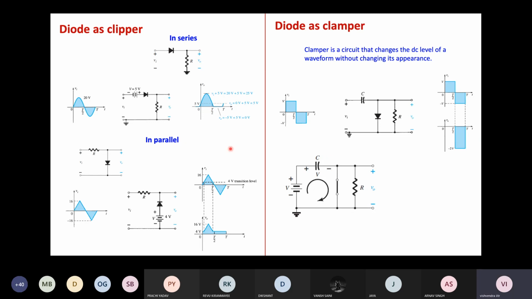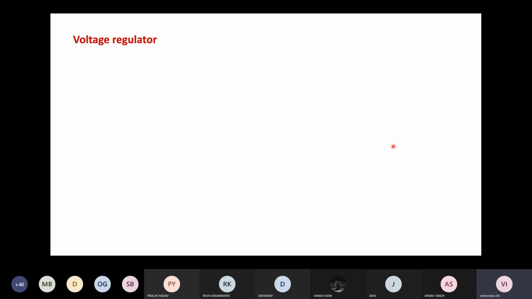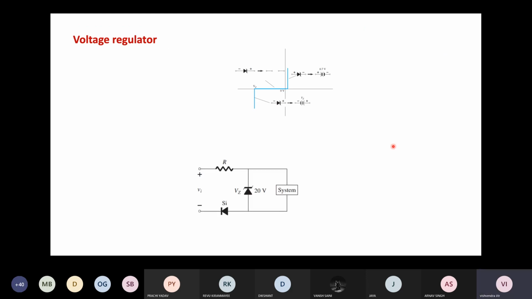So this is a clamper circuit. Again, for negative and positive half cycles, I would recommend all of you to see how the inputs and outputs are changing. So please go through that on your own and try to understand. If there is any question, I can talk to you about it.